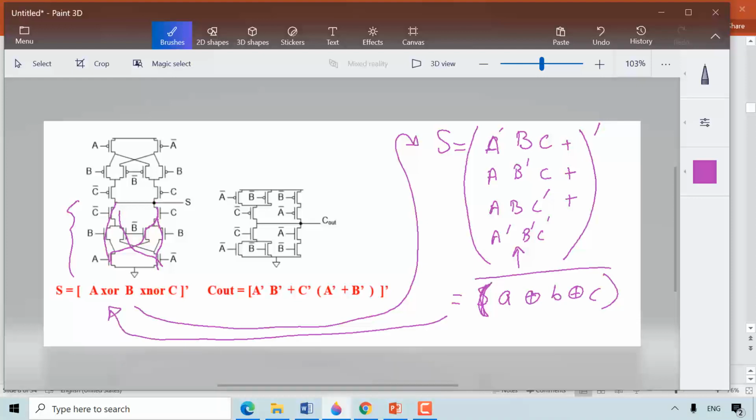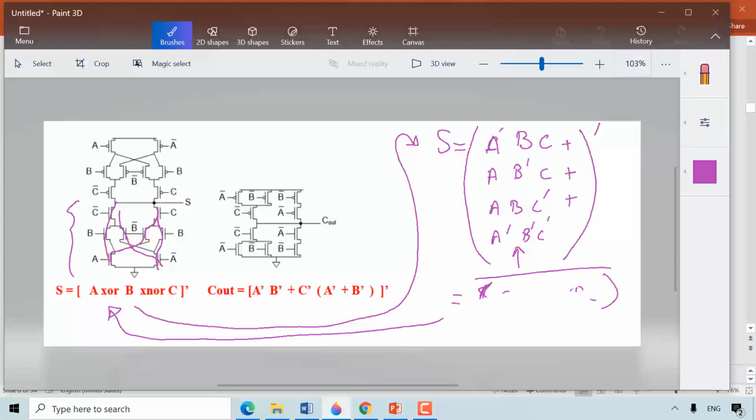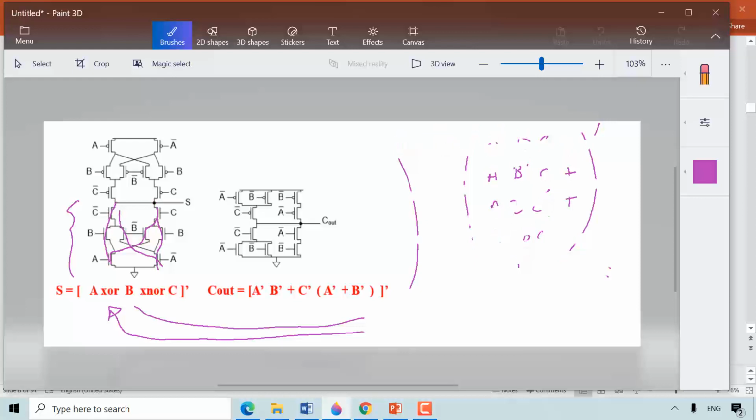Now let's try an input pattern in a second. First, let's get this expression and take a look at the C out. Let's see what the C out implements.